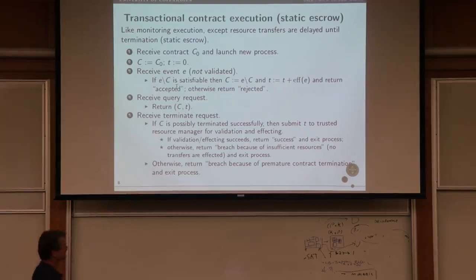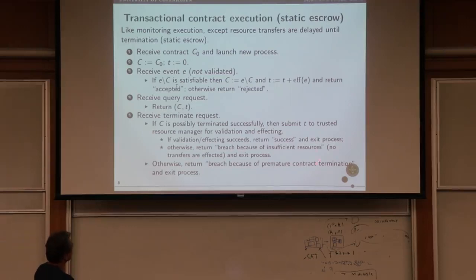If the validation and effecting succeeds, well, everything's fine, right? Because everybody had the resources they claimed to have, and it was validated. If it's not, then we'll say breach because of insufficient resources. We'll get an error message that says more; of course, in practice, somebody didn't have enough money or didn't have the resource they claimed to actually transfer in the contract.